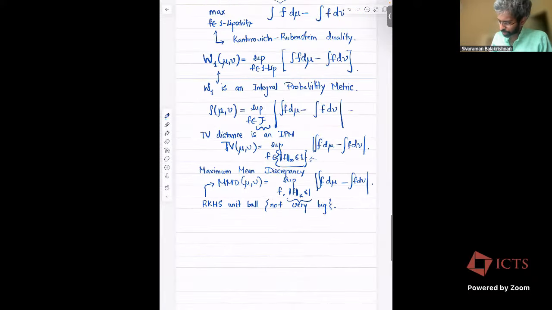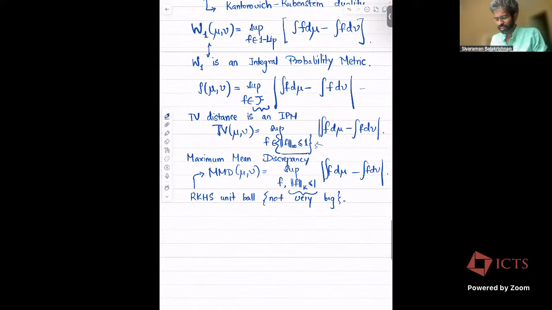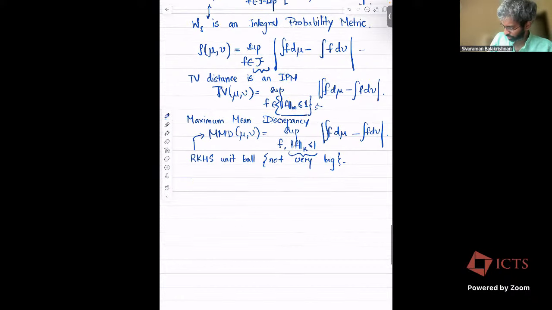Over a bounded domain, you can relate TV and W1. Over a bounded domain, for a one Lipschitz function, you can just renormalize everything to start at 0, and then it cannot be too much bigger than the diameter of the domain. So you can relate it to the TV; it will only be bigger than the W1 up to that factor of B somewhere.